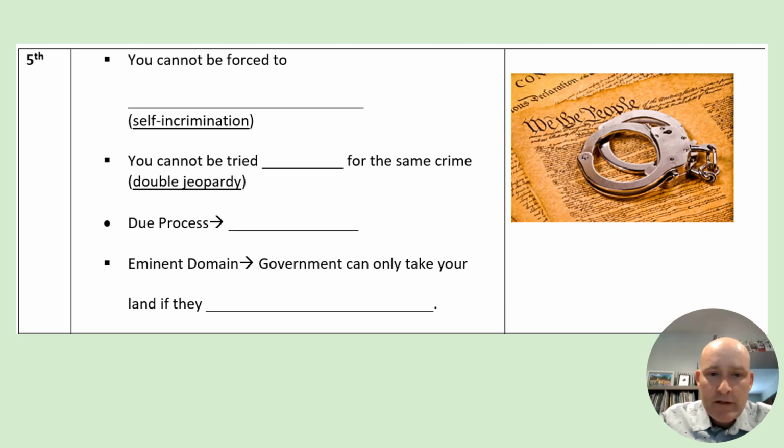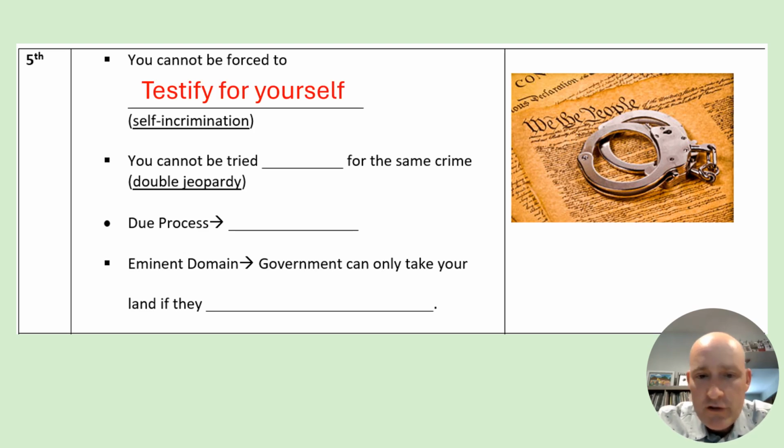The Fifth Amendment is you cannot be forced to testify against yourself, meaning you don't have to say anything. And just by being silent doesn't mean that you're guilty. You have that right. Okay? You cannot be tried twice for the same crime.